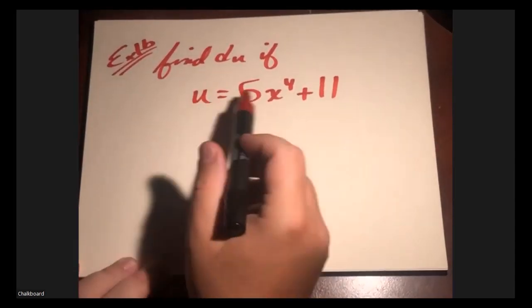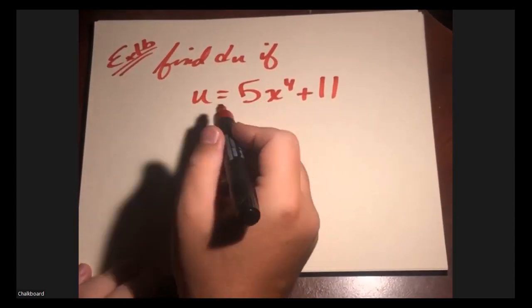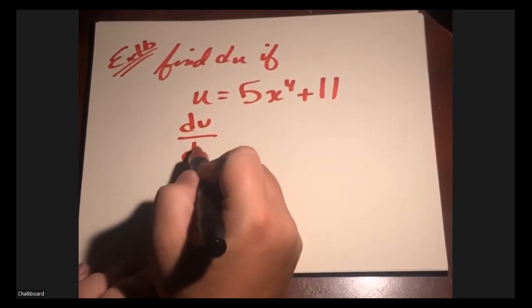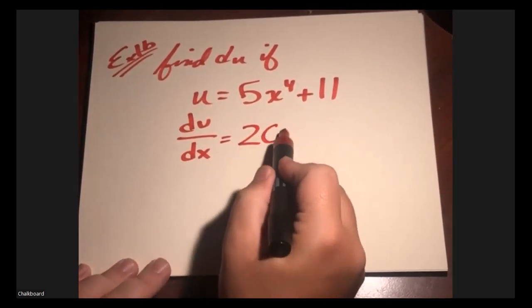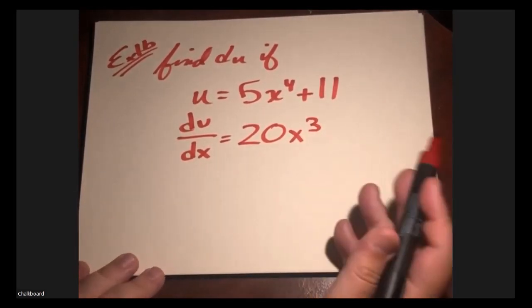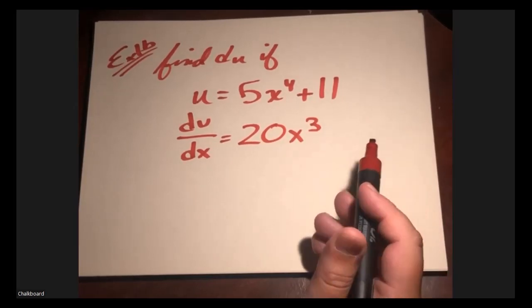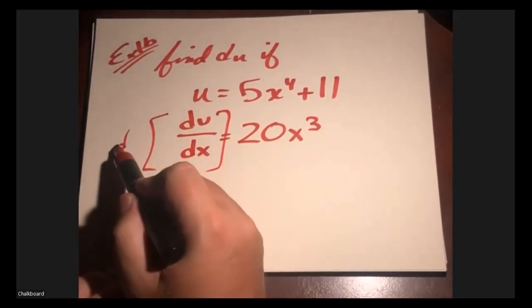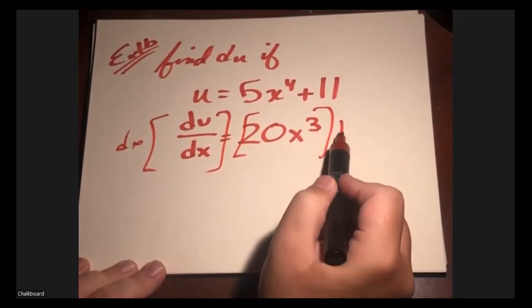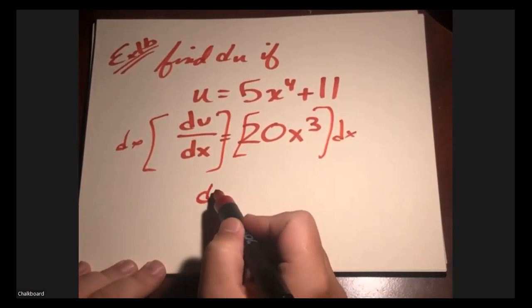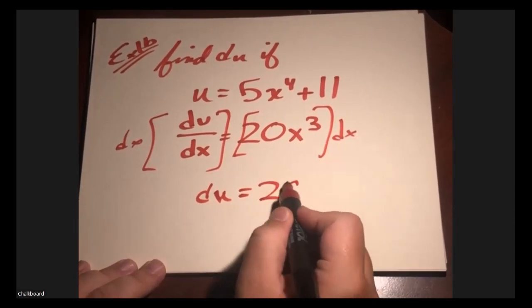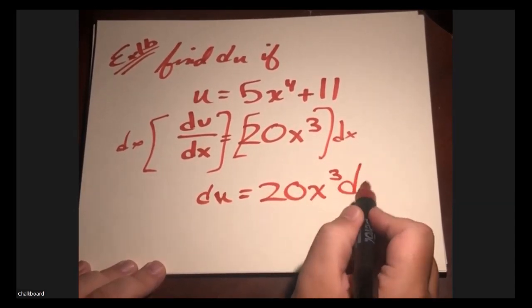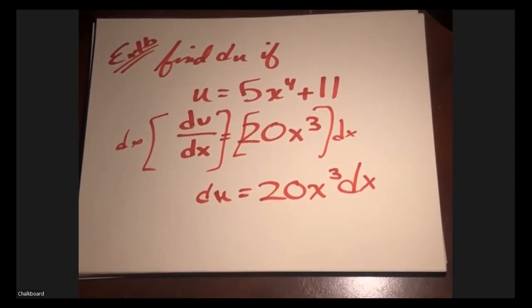Well, I have u and x, so let's find du dx. Du dx will be 20x cubed plus the derivative of 11, which is nothing. To figure out now what is du, I will multiply both sides by the dx. And I have a new statement that says du equals 20x cubed dx, like so.